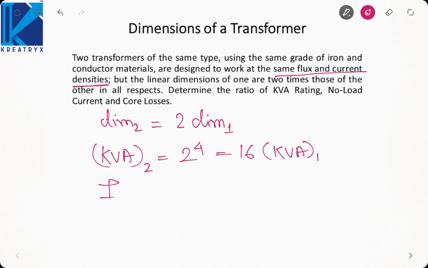Similarly, no load current is simply x times. Then core losses are x cube, that is 8. Okay. So that is how your kVA rating, no load current and the core losses will change. This you have to keep in mind.